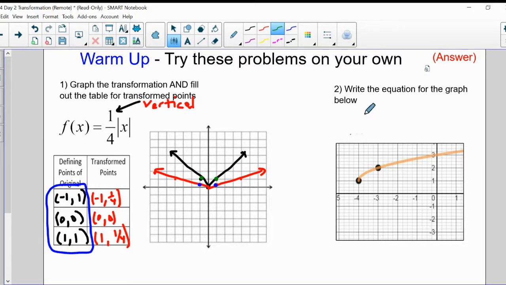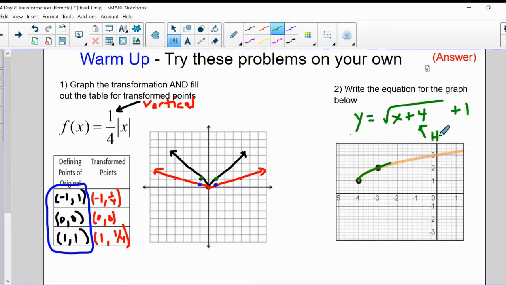Number 2, it looks like we have a square root graph that has been moved to the left 4 and up 1, but it's still growing at the regular rate for a square root graph. So this is going to be y equals the square root of x plus 4, plus 1.